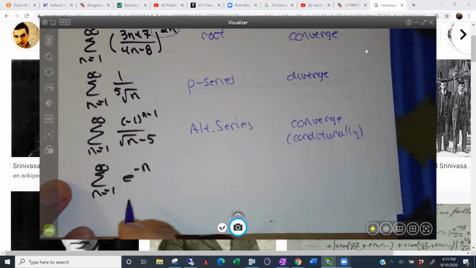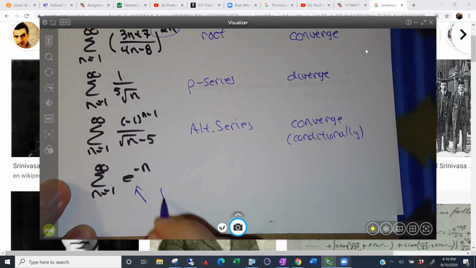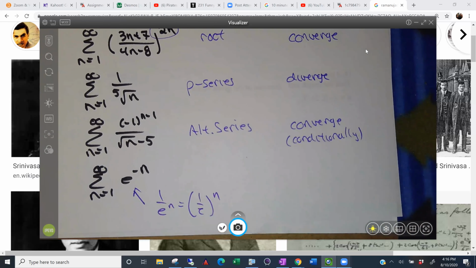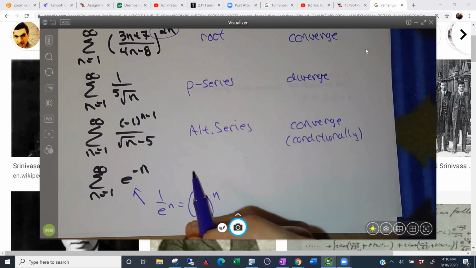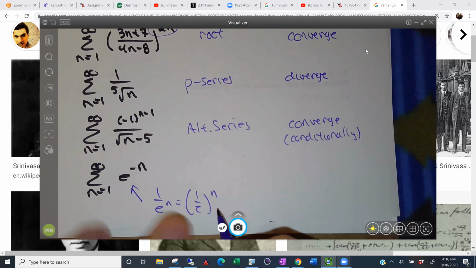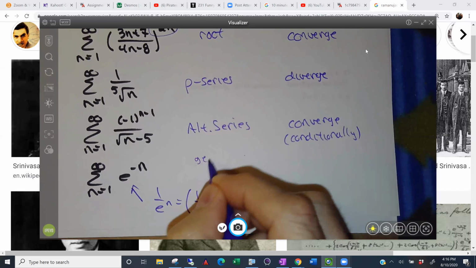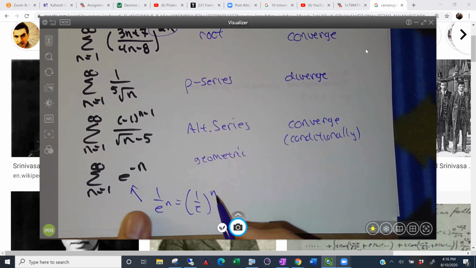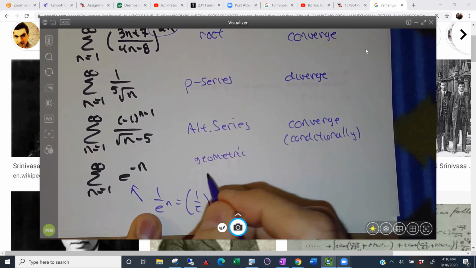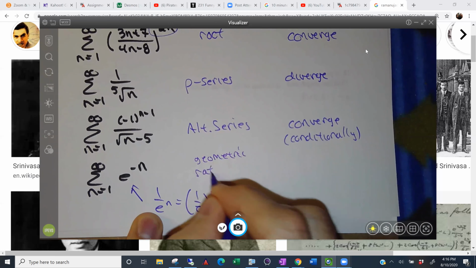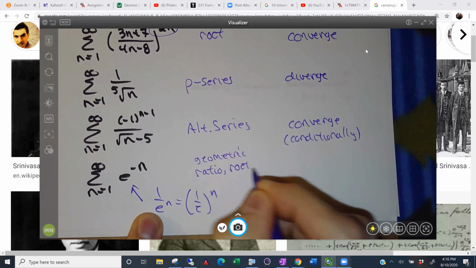And with this one, keep in mind, you can think of that as 1 over e to the n. There's a couple different ways you can think of that. There's really a lot that you can do with this one. Writing it this way, you use a geometric series. You could use, let's see, what else? Ratio test, root test.